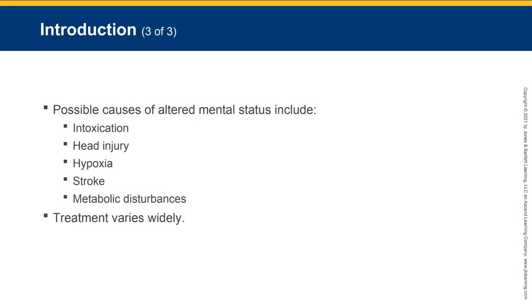Possible causes include intoxication, head injury, low oxygenation, hypoxia, stroke, or a metabolic disturbance. Because there are a lot of things that can cause altered mental status for a patient, the treatment will vary based on the cause.